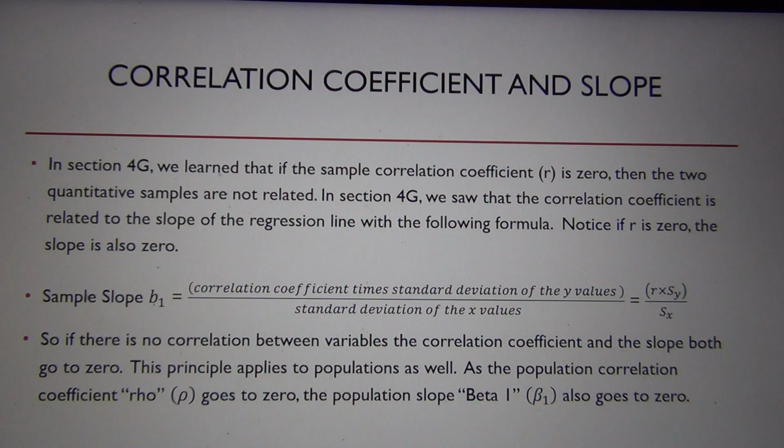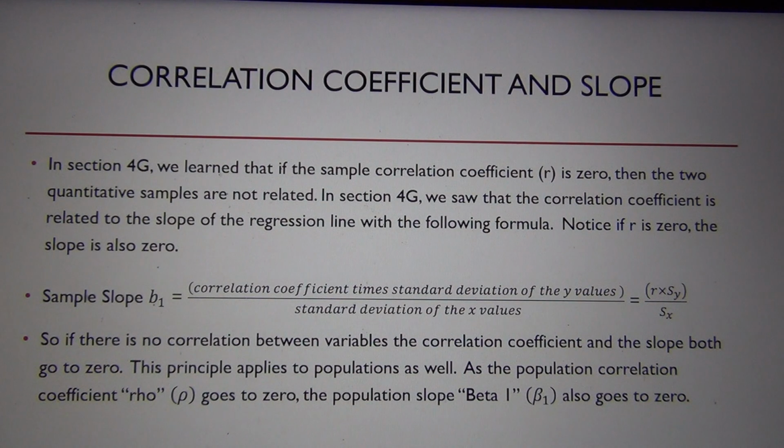Okay, so we saw in our last video that the slope of the regression line is actually related to the correlation coefficient. We calculated the formula that the slope of the regression line is the correlation coefficient R times the standard deviation of the y values divided by the standard deviation of the x values.